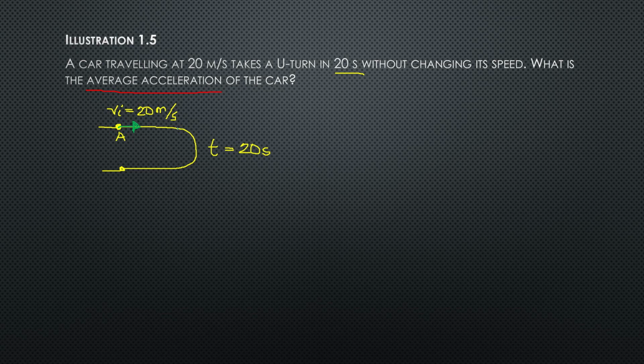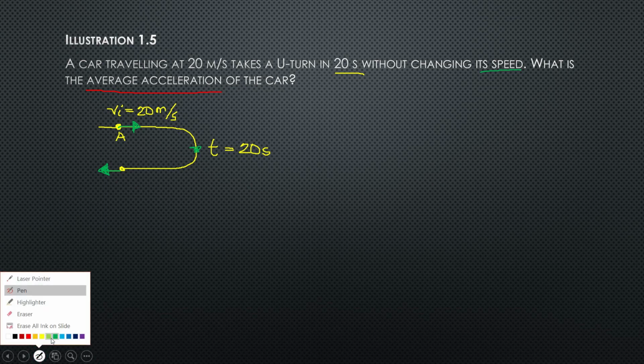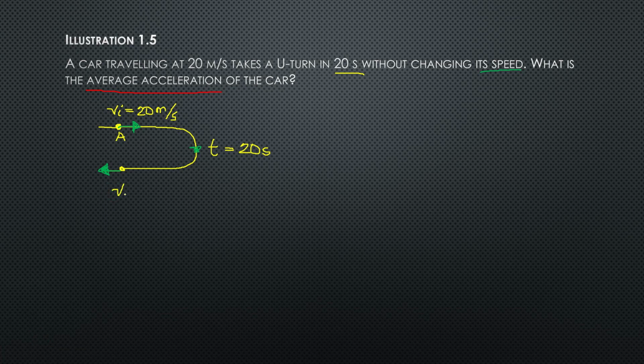Now, after taking the U-turn at 20 seconds, the direction of the car is to the left, and it does not change its speed. So therefore, will its final velocity be positive or negative?